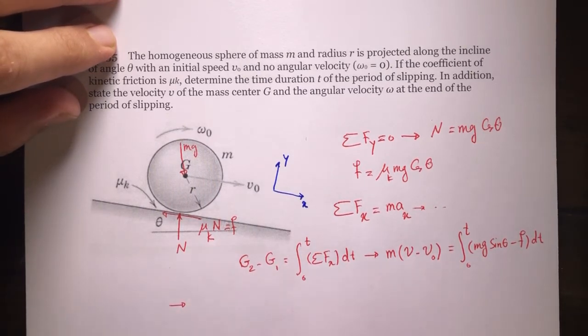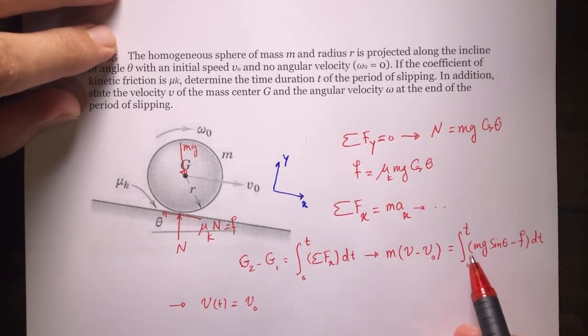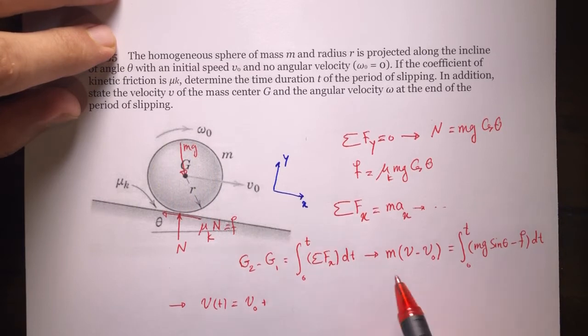So from here, velocity at any time t is going to be equal to v0 plus this integral, and this is a constant number, and the integral of it is going to be this constant number times t. And we need to divide it by m.